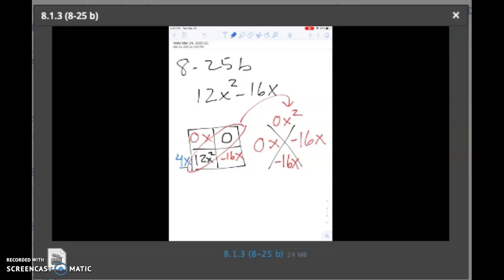And so figuring out what do I multiply 4x by to get 12x squared? Well, that's going to be 3x. All right. And if I look, 3x times 0 gives me 0x squared. Going back over here, 4x times negative 4 gives me negative 16x squared.